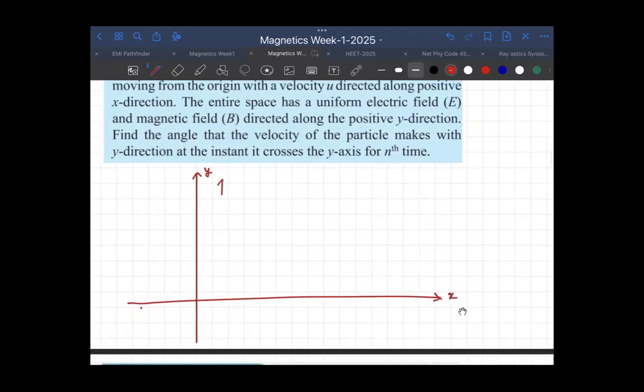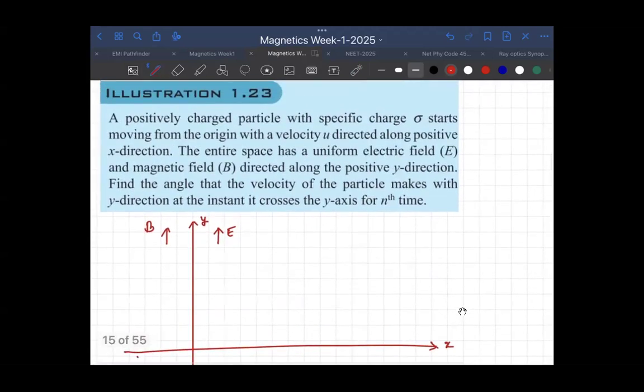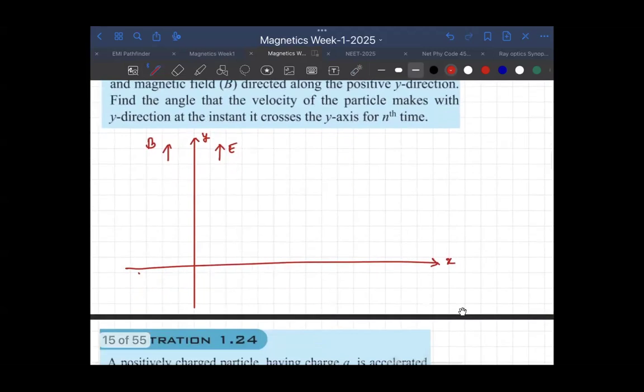Both E and B are along y-axis and you have projected that along x-axis. So if you are an observer from the top, you will observe two things: x-axis, z-axis.